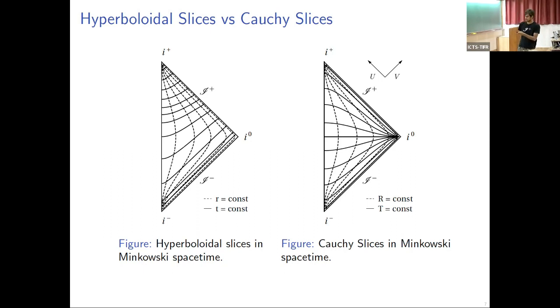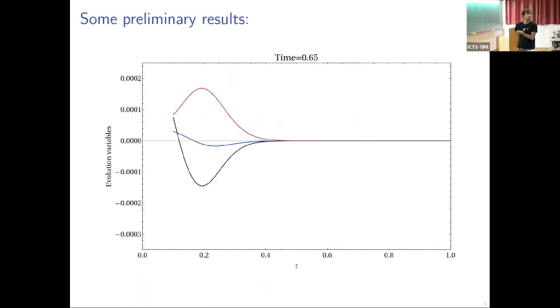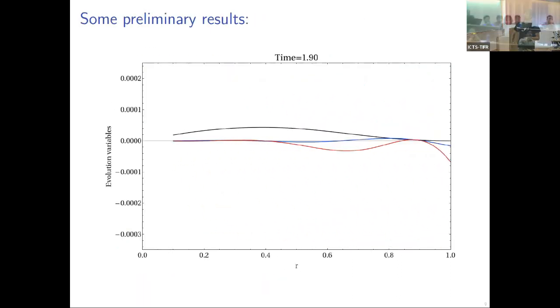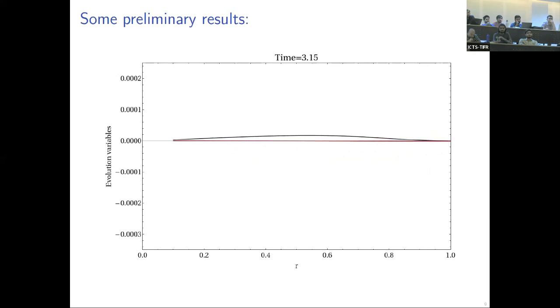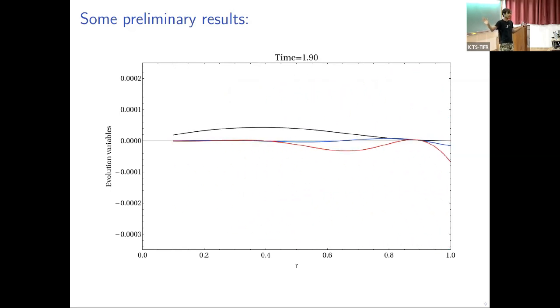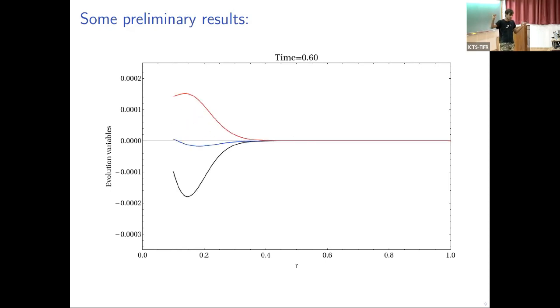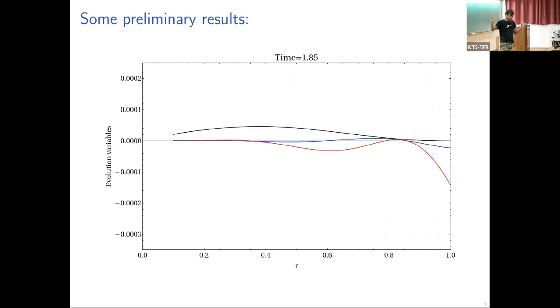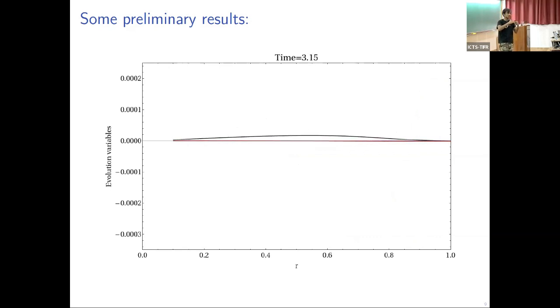Could you go back to the graph that you have? What are these three lines exactly? So what's happening is these are metric variables. You don't need to know exactly which metric variables. But they characterize the GW wave? In spherical symmetry, we don't have gravitational waves. So these are results only in spherical symmetry. And all our variables are dynamical.